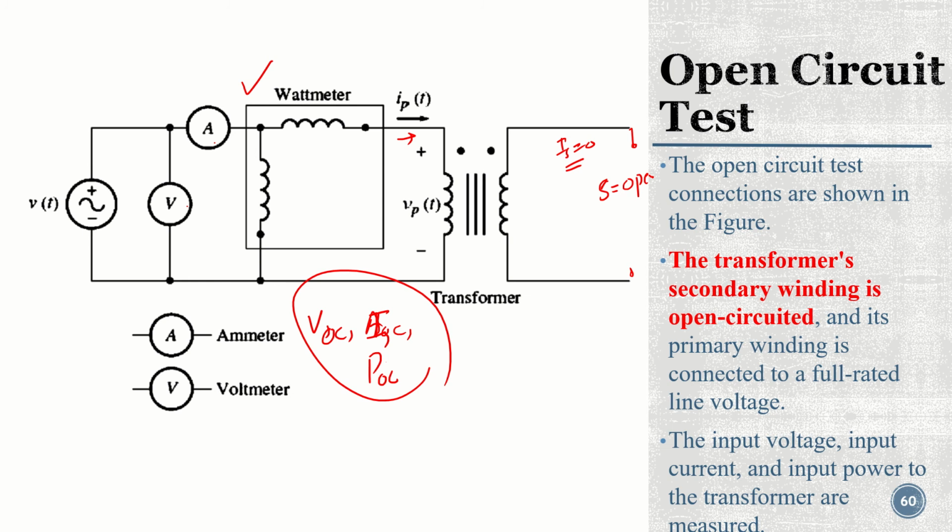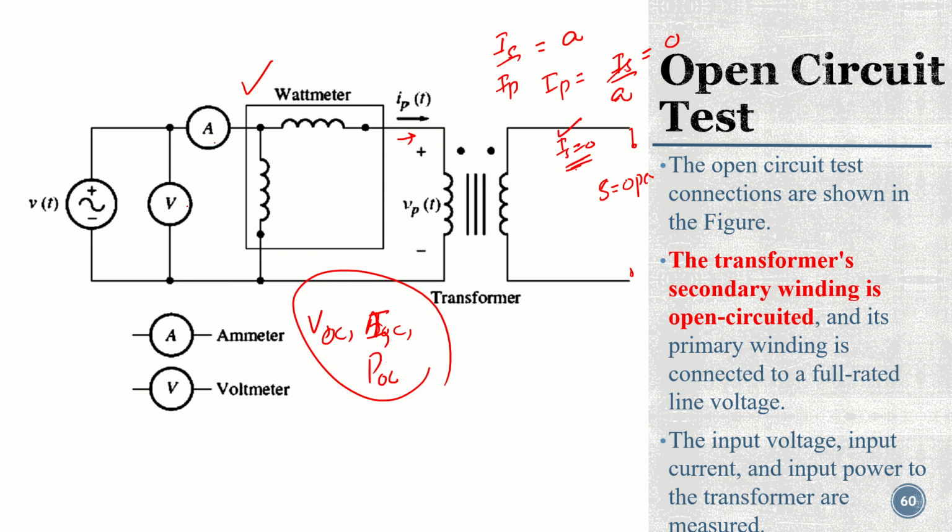Now from this, what is happening here: we know that the ratio of the secondary side and primary side is A, right? But actually what is happening now is that the secondary side current is 0, so it means the primary side current will also be 0 because this is 0.